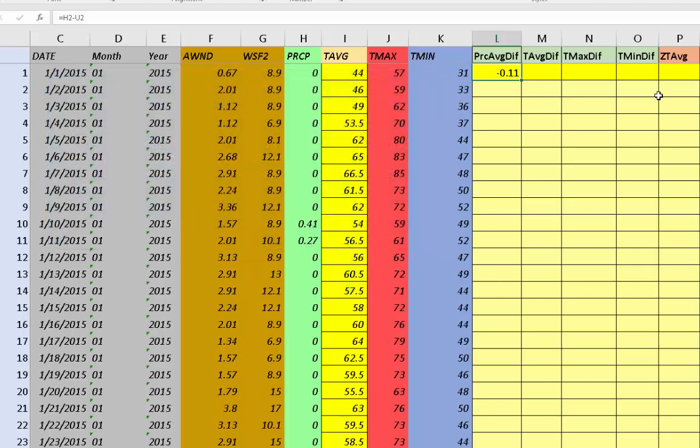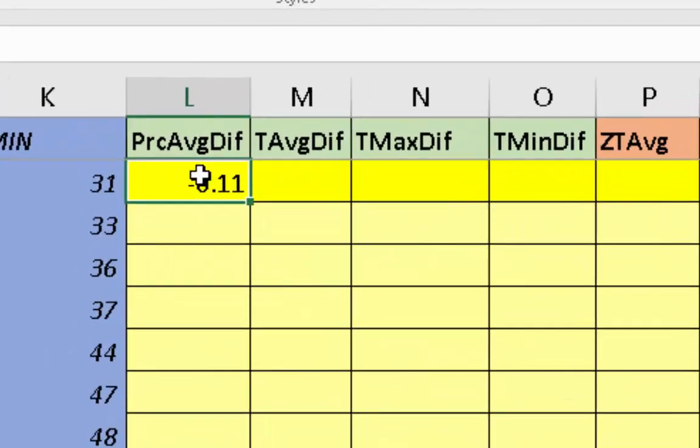So what you're going to do is copy this formula in cell L2 to the rest of the column of data. Once again, that's Control-C to copy.